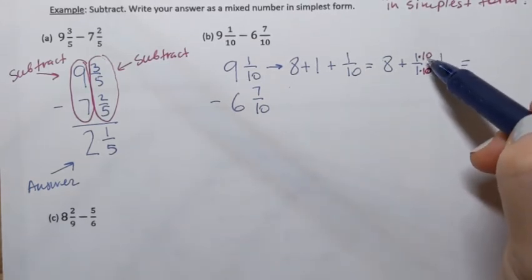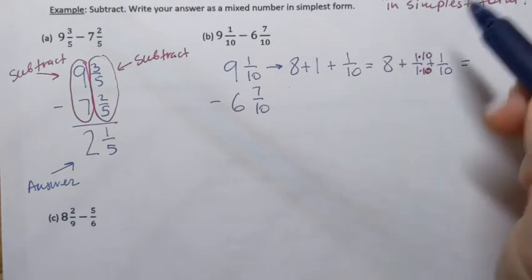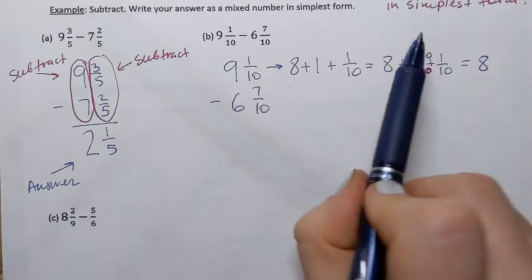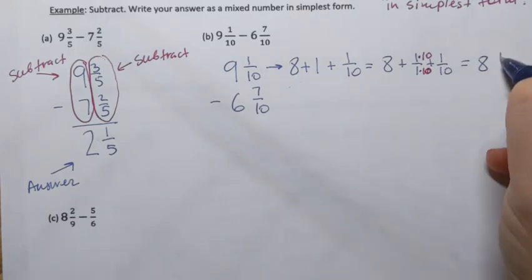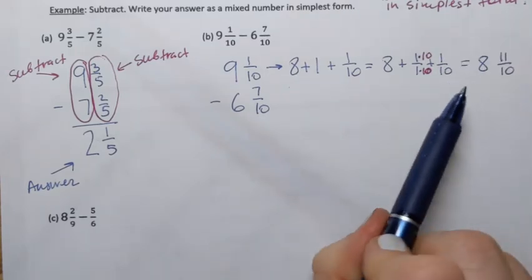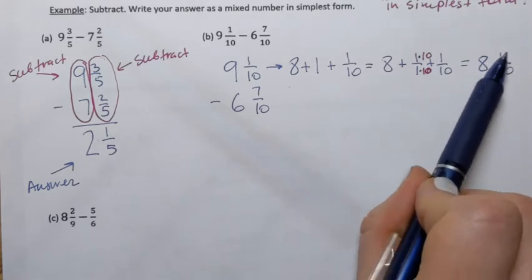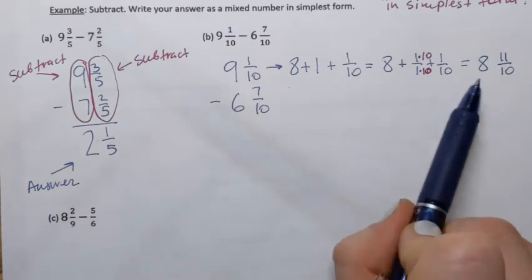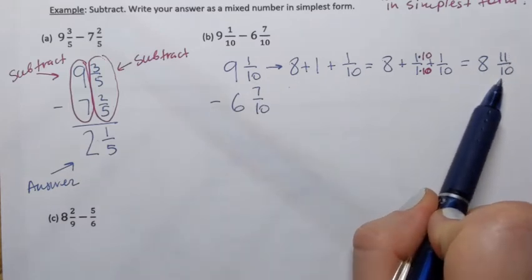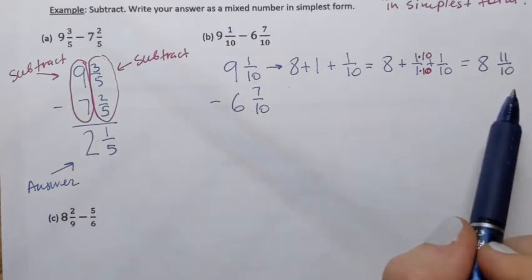Well, let me write this way. I still have 8, so here it is. And then 10/10 plus 1/10, that's 11/10. So see what we have now? See how our fractions got bigger? We had 9 and 1/10. And now we have 8 and 11/10. So that was the process.